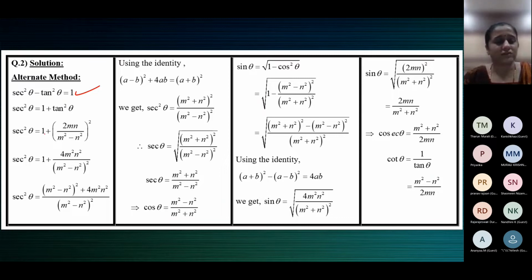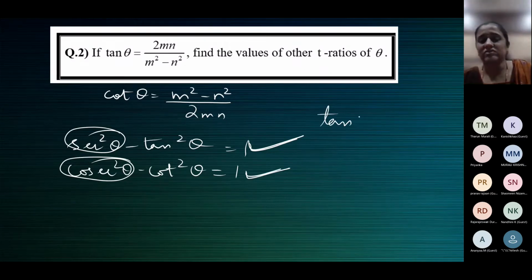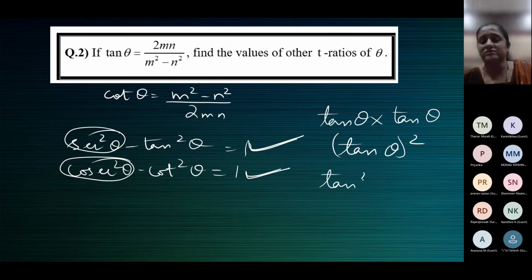We substitute the value of tan theta. What is tan square theta? Tan theta into tan theta is tan theta the whole square, which is written as tan square theta.